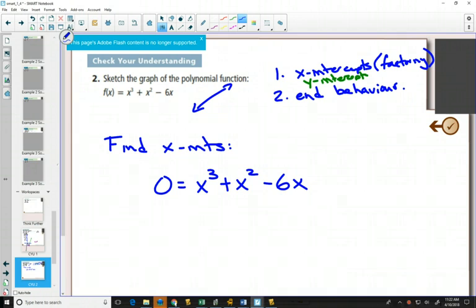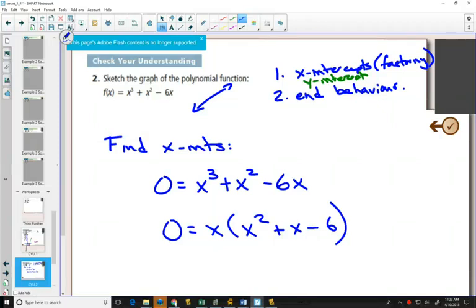Sometimes you'll get an example like this one where you can use your old factoring techniques to figure it out. Can you see that you have a common factor? You can factor out an x. After you've factored out that x, what you're left with is a quadratic.